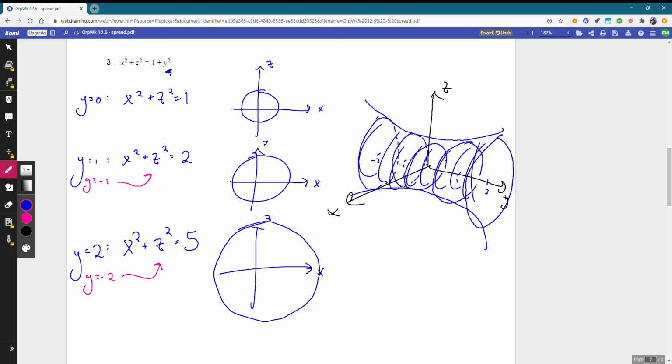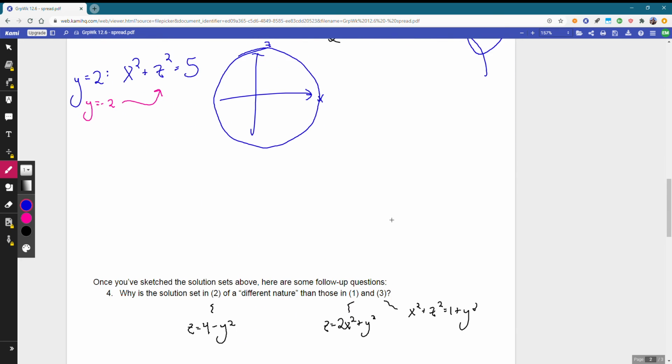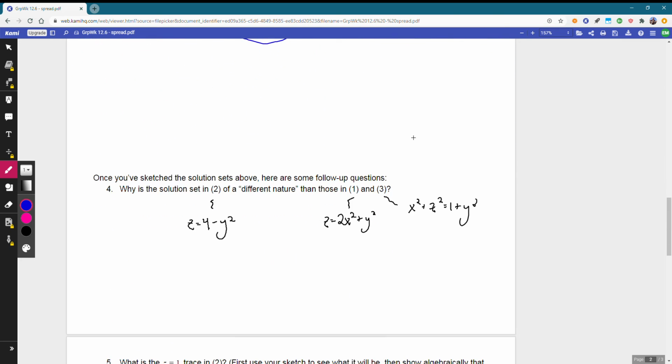All right, moving on, we have some follow-up questions. We are asked, why is the solution set in number 2 of a different nature than those in 1 and 3?